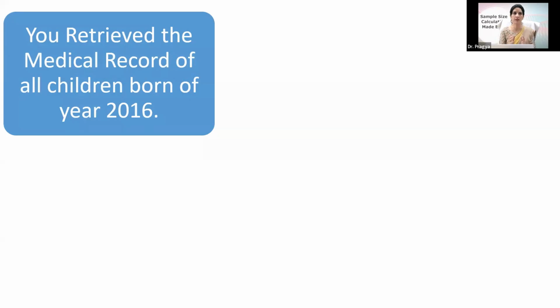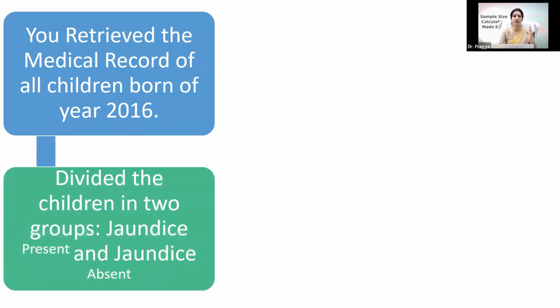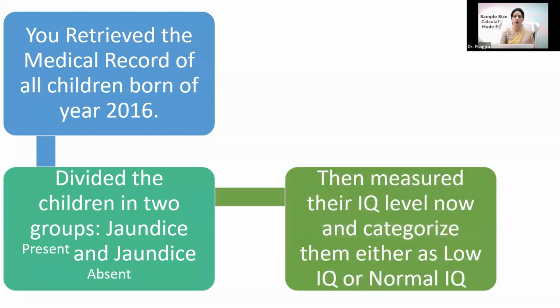You retrieve the medical records of all children born in the year 2016. Then you divide those children into two groups, jaundice present and jaundice absent. Then you measure their intelligence quotient or IQ level, and you categorize them as low IQ or normal IQ.